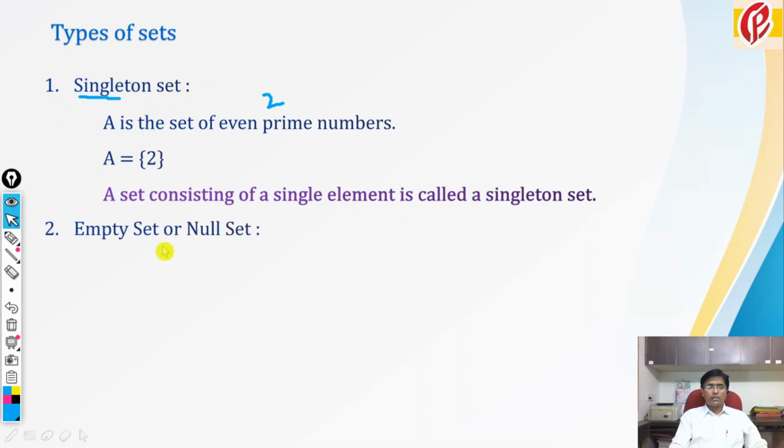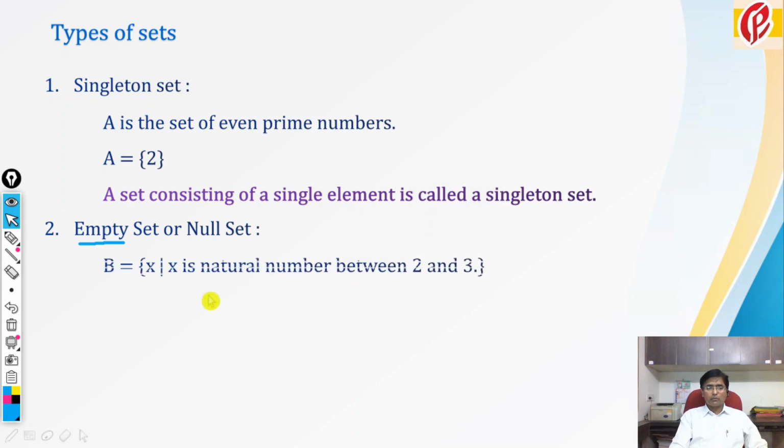Second is the empty set or null set. Now here there is the word empty. That means this set is empty. Empty means the set having no element, then that set is called the empty set. Now see the example. B is equal to {x such that x is a natural number between 2 and 3}.